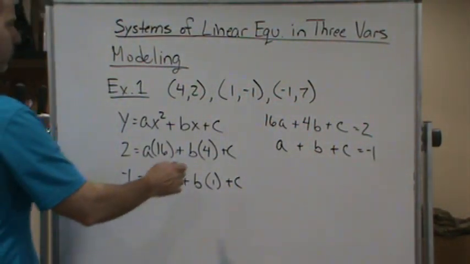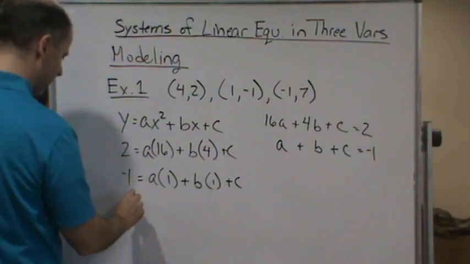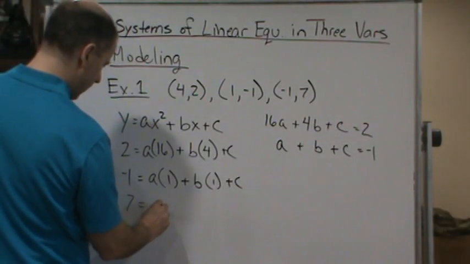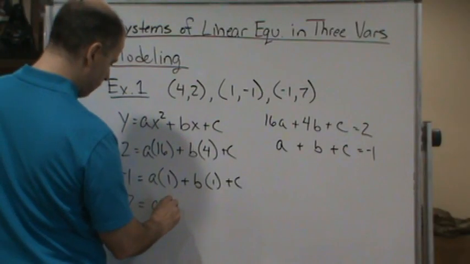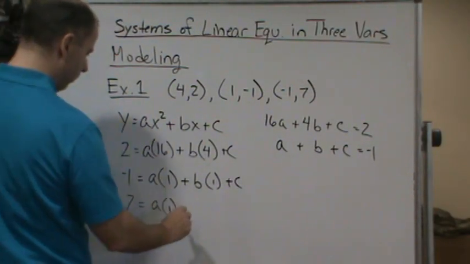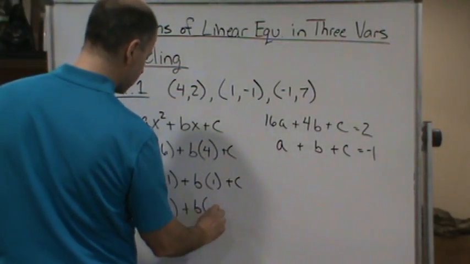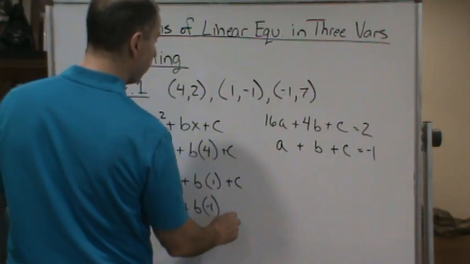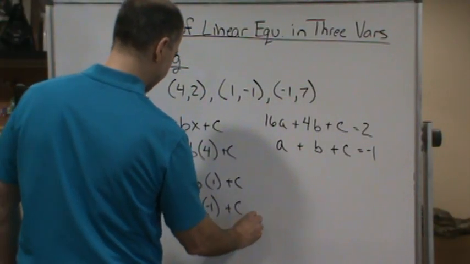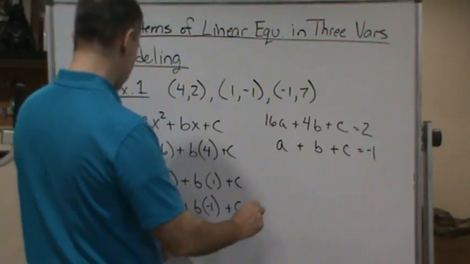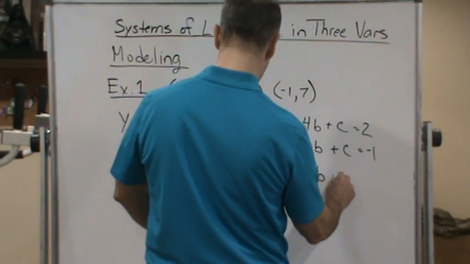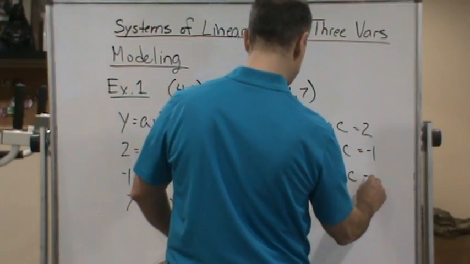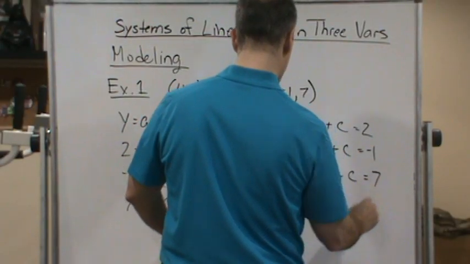And then finally, if I put in -1, 7, I get, again, -1 squared is +1, plus b times -1 plus c. And so my third equation is a minus b plus c is equal to 7.